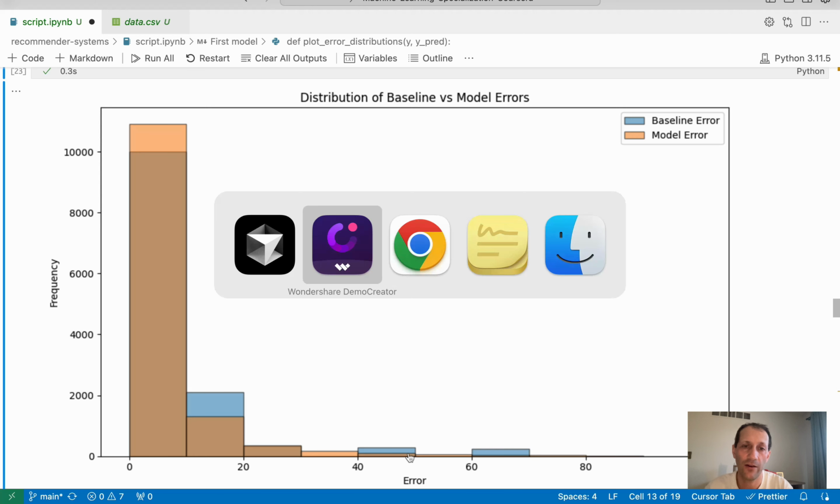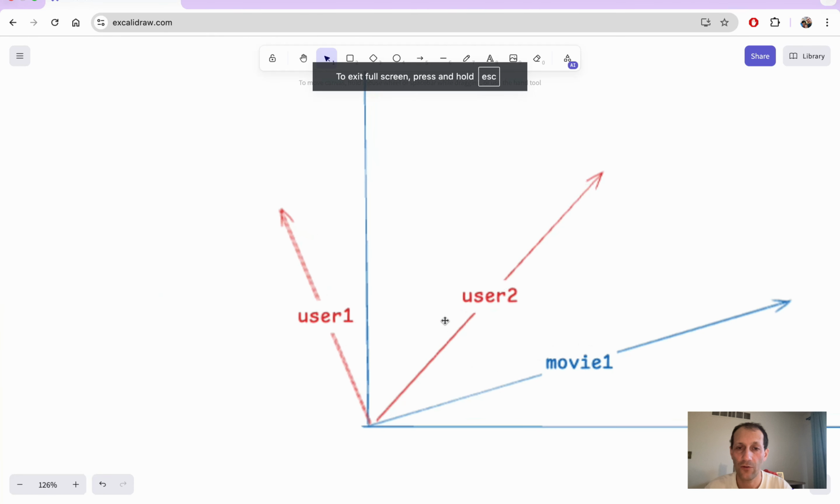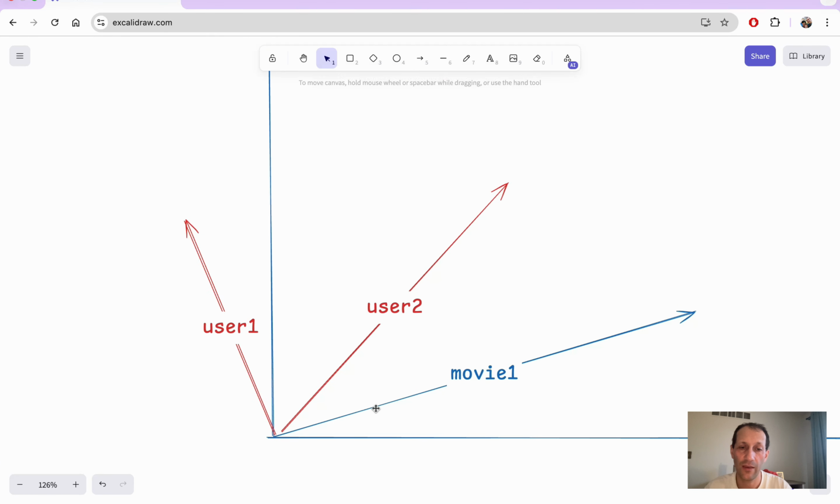I think I actually have a visualization of that. Here it is. So this is what we did. Just assume we have a two-dimensional vector, in reality we have a 10-dimensional one. Here's movie 1, and then you have two users. Obviously user 2 would have a higher rating of movie 1 because it's more similar to movie 1.